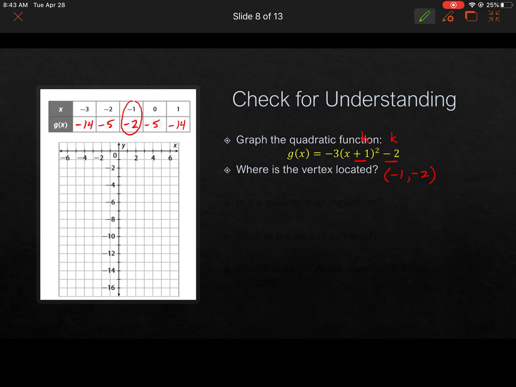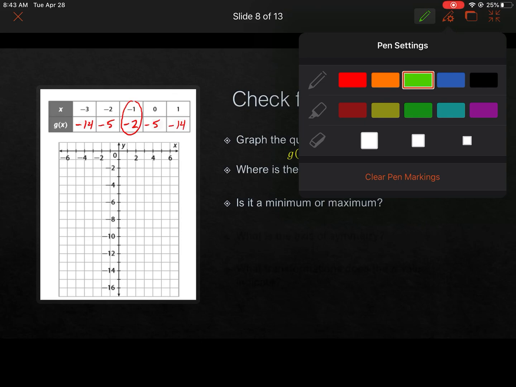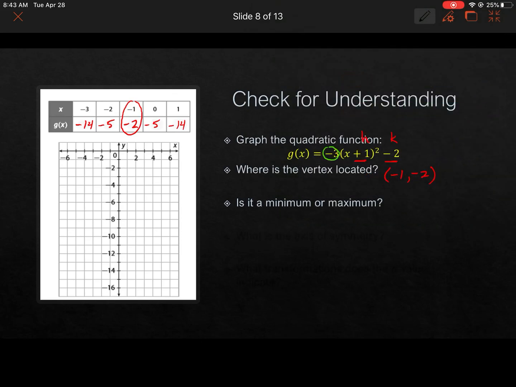So the next thing you should be able to answer is, is it a minimum or maximum? Well, I know my a value is -3. So before I even graph it, I should be able to determine whether it's a minimum or maximum. But let's go ahead and graph this just to see.